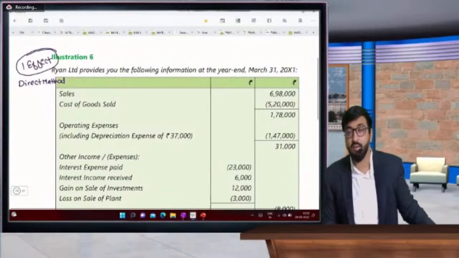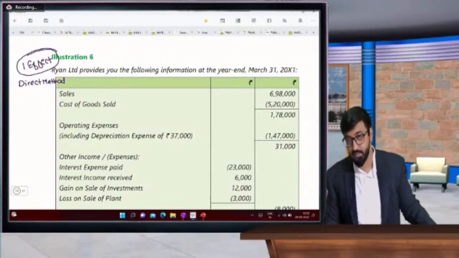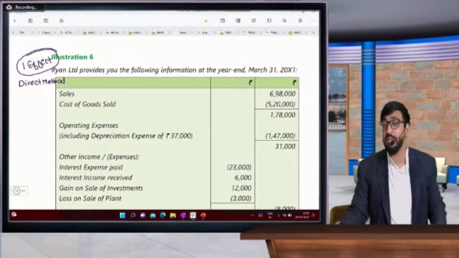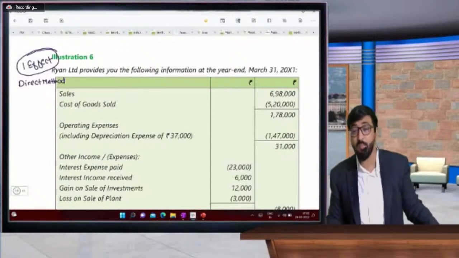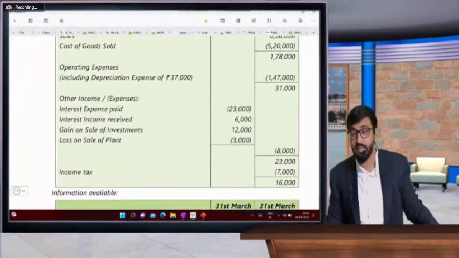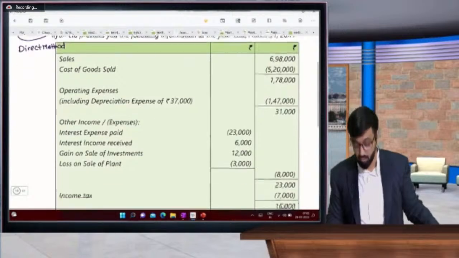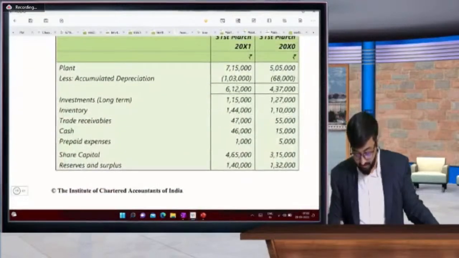In indirect method, we have given two effects, correct? Sales we ignore in case of indirect method, COGS we ignore, operating expenses we consider only depreciation, interest expenses paid, two effects, interest income received, two effects, gain on sale of investment, two effects, loss on sale of plant, two effects, income tax and then dividend. But friends, in case of direct method, instead of that 8,000, which 8,000? That retained earnings. You remember this question of rupees 8,000.